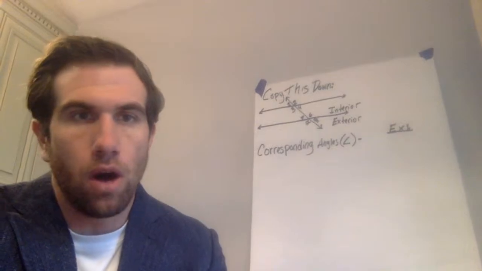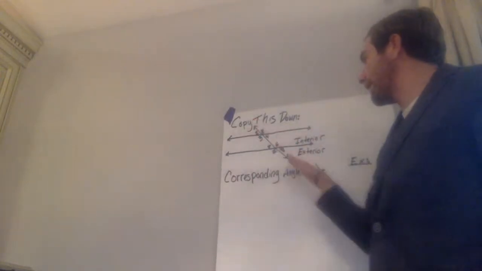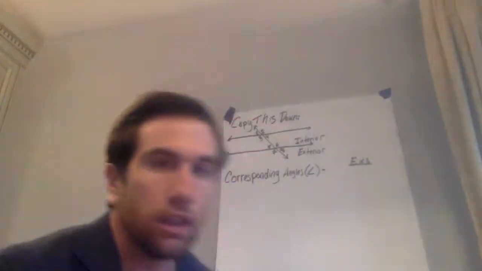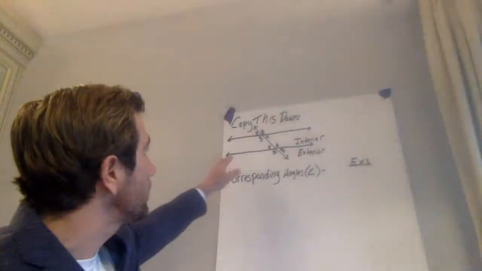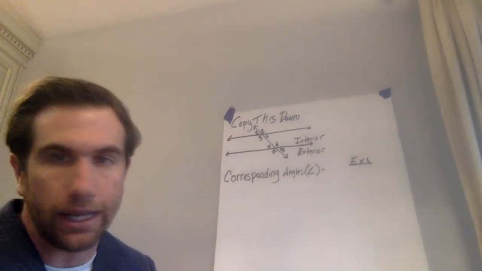All right, so here we go. It's called angles. That's going to be our topic for the next week, probably 2 weeks. Right here we have 2 parallel lines cut by a transversal. So what's a transversal line? A transversal line is a line that intersects 2 lines at 2 distinct points on the same plane.